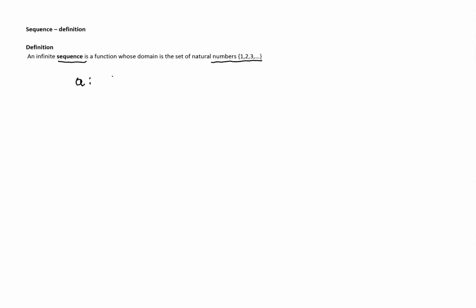Function A will take the input 1 and assign to this a certain real number, which we customarily denote as A of 1. It will take number 2 and assign to that the real value, which we denote A of 2. It will take number 3 and will assign to that a real number A of 3, and so on.